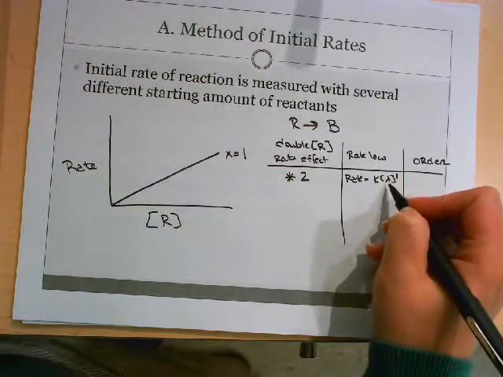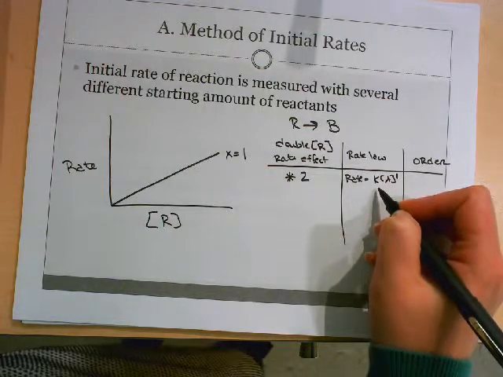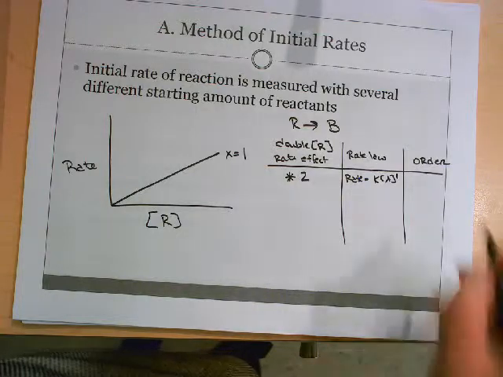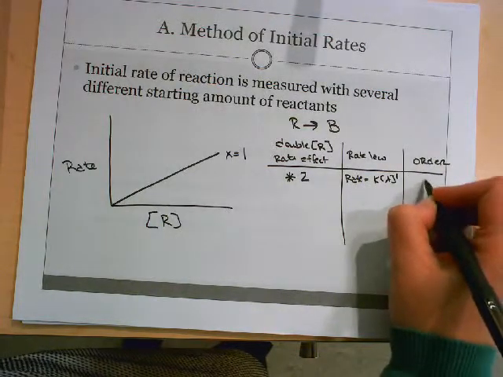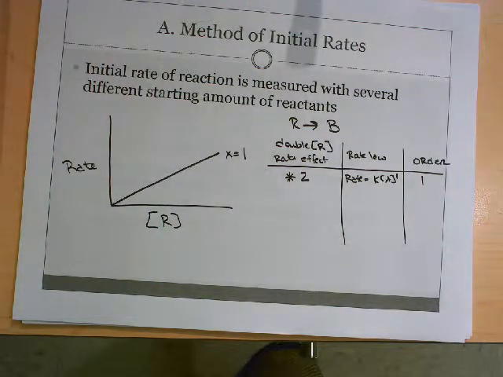Just like we saw, when we double the concentration, you double the rate, and the k was just a constant all the time. So the exponent for that one is 1, and the order is called first order. That part shouldn't be confusing.